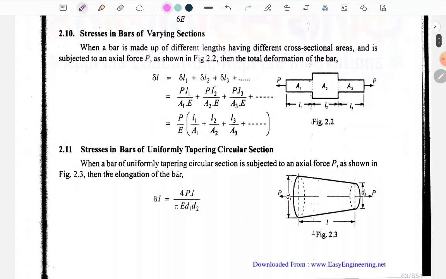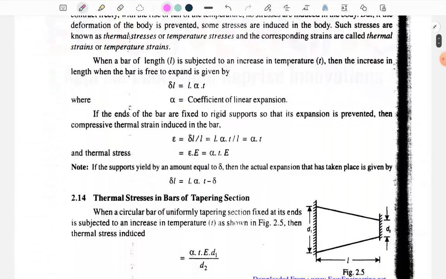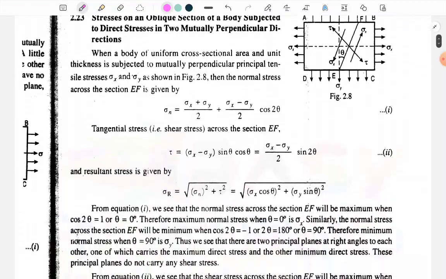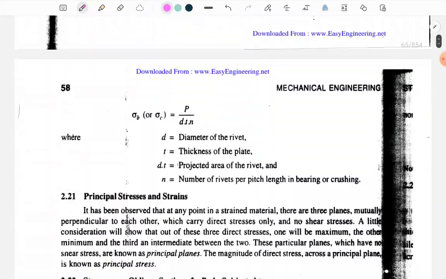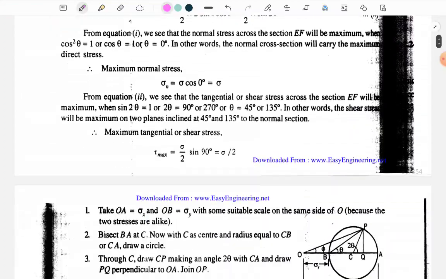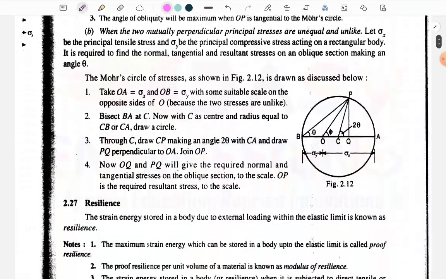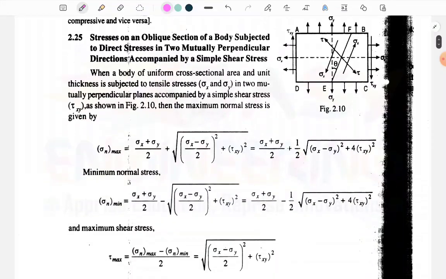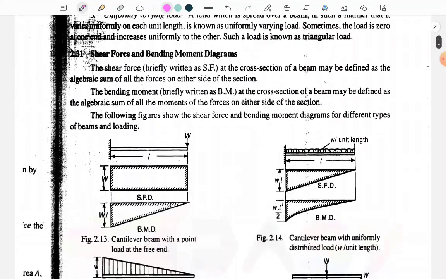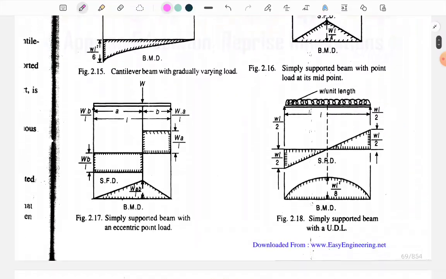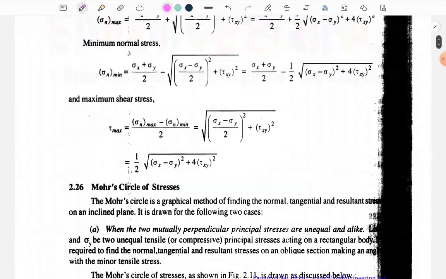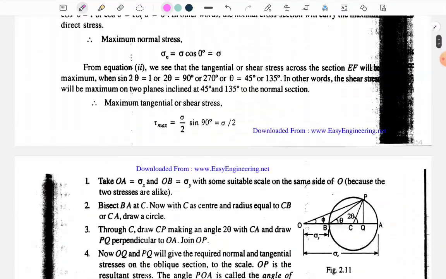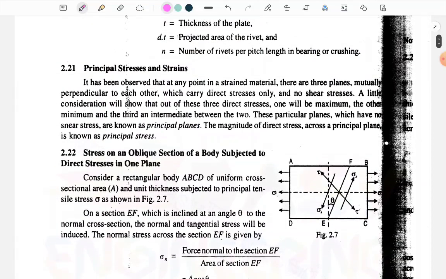Half the questions will be in one part, the next half in the second part. Like that I will finish all of RS Khurmi, then RK Jain, then IES direct questions, and then GATE 1 mark questions and some simple questions of the following type. Then that will be helpful for you in any competitive exam, and that much is enough to clear any competitive exam. Okay, all the best.